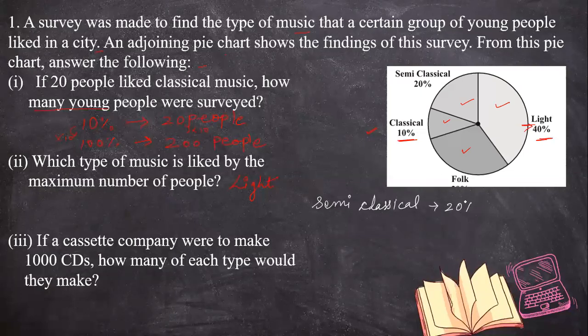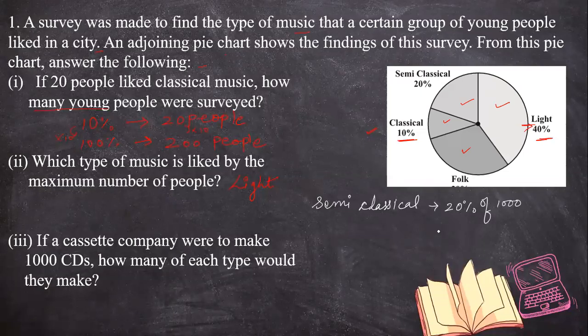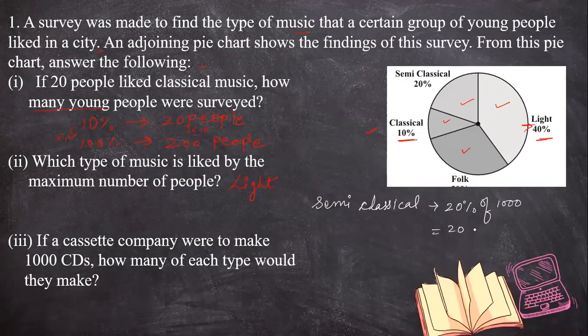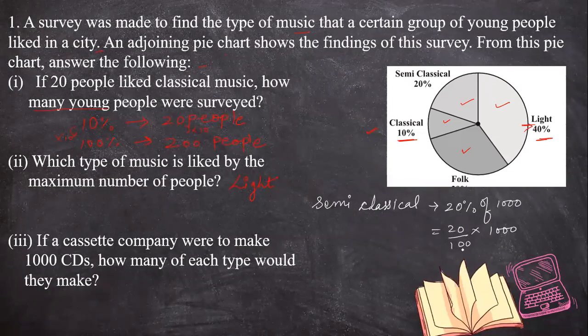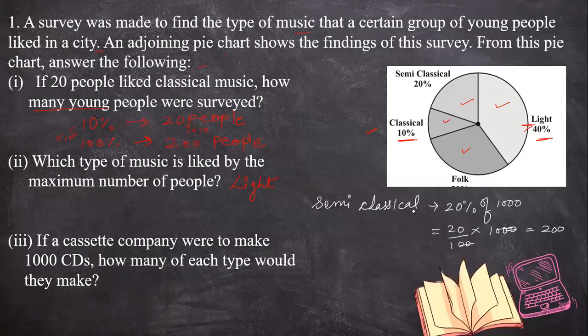So we'll find 20% of 1,000, which is 20 upon 100 multiplied by 1,000. So two zeros cancel out. It is 200.